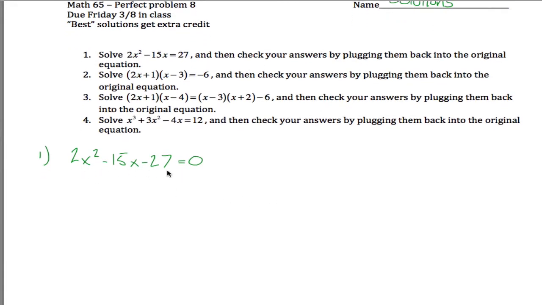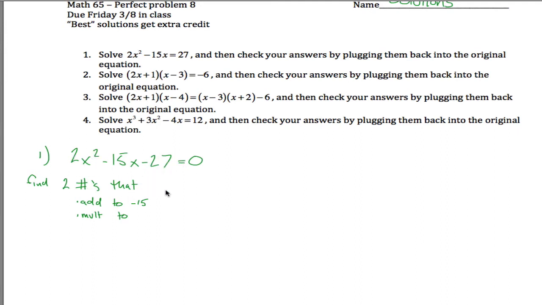So okay, to factor this thing, first look for a greatest common factor. There is none in this case. So then what we want to do is find two numbers that add to whatever the coefficient of the middle term is, negative 15, and multiply to the product of the first and last coefficients, the 2 and the negative 27.